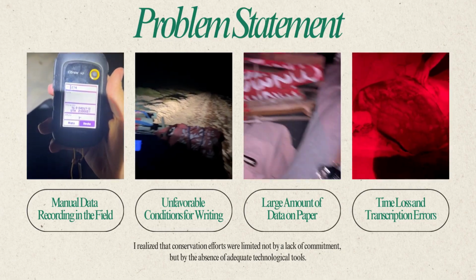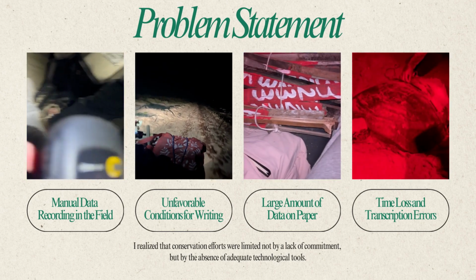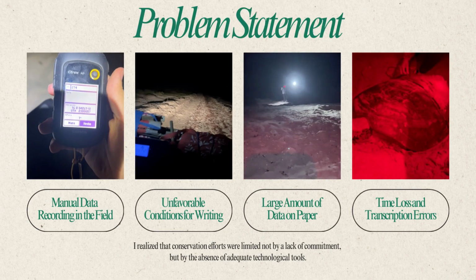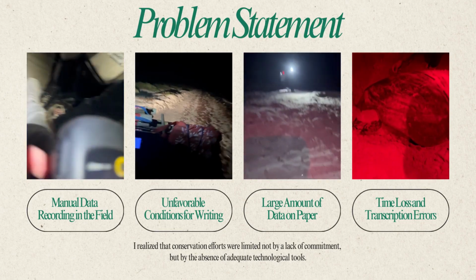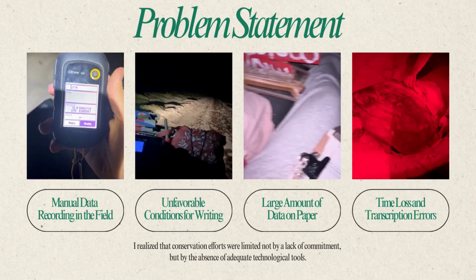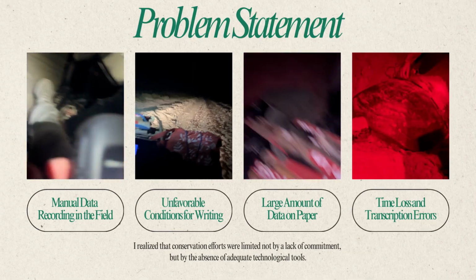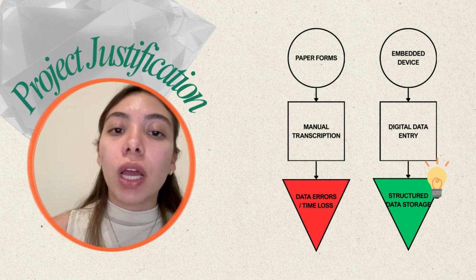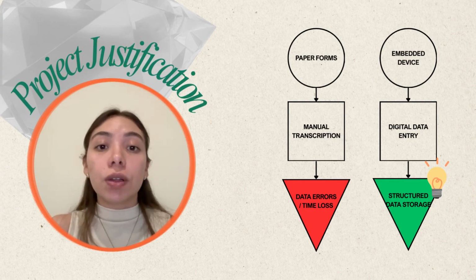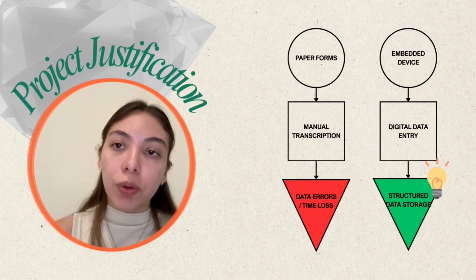After fieldwork is completed, the collected data must be manually transcribed into digital databases for analysis and storage. This process can be time-consuming and might introduce transcription errors, which can affect the efficiency and reliability of data management. We know that efficient and reliable data collection is essential for wildlife monitoring and conservation programs.